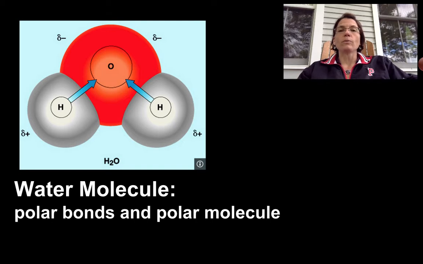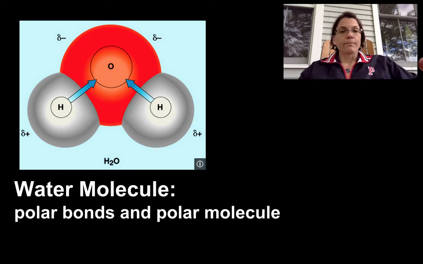Those two polar bonds give the water molecule a positive end on the hydrogen side and a negative end on the oxygen side. We know from the molecular geometry that water is bent. It's not linear, so those two polar bonds do not cancel out. Incidentally, it's this property of water, that it's a polar molecule, that is one of the reasons why water has so many special physical properties.